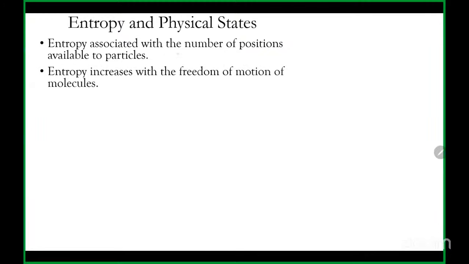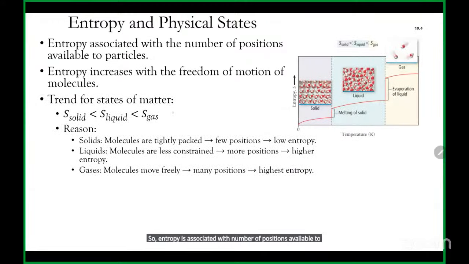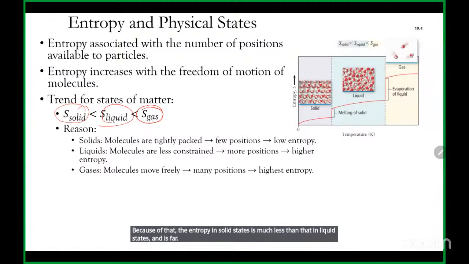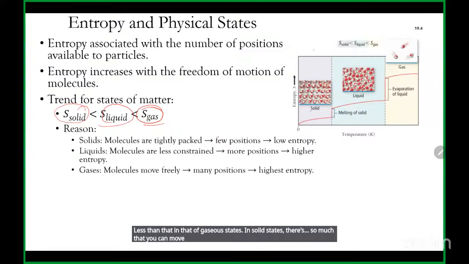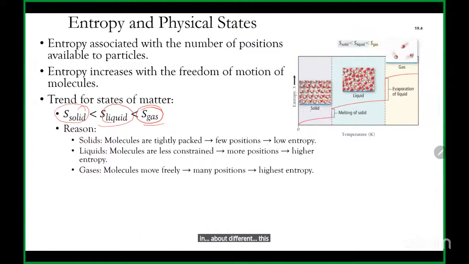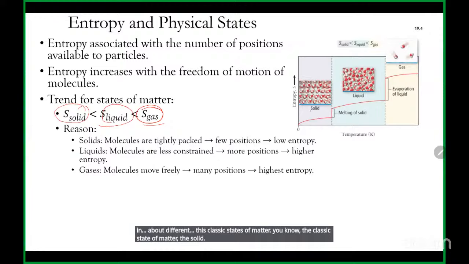So entropy is associated with the number of positions available to particles. Because of that, the entropy in the solid state is much less than in the liquid state, and far less than in the gaseous state. In the solid state, there's not much that you can move. The classic states of matter are solid, liquid, and gas.